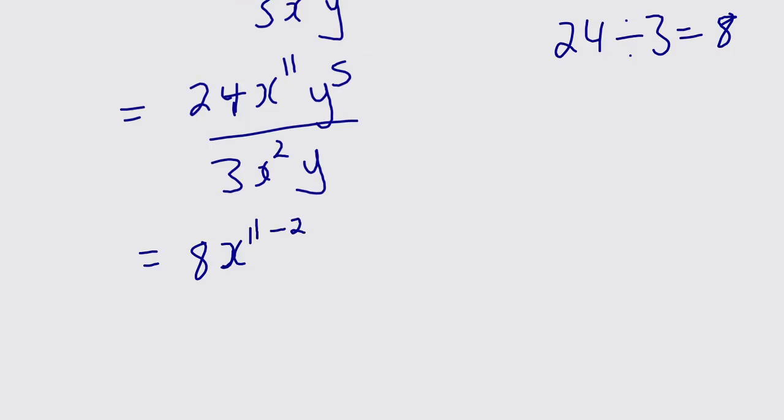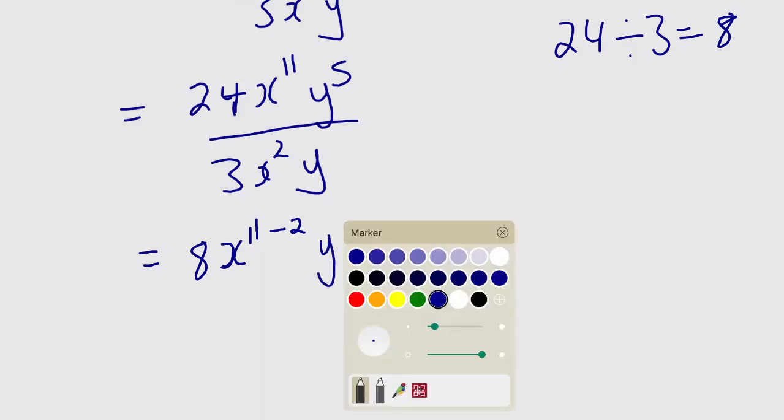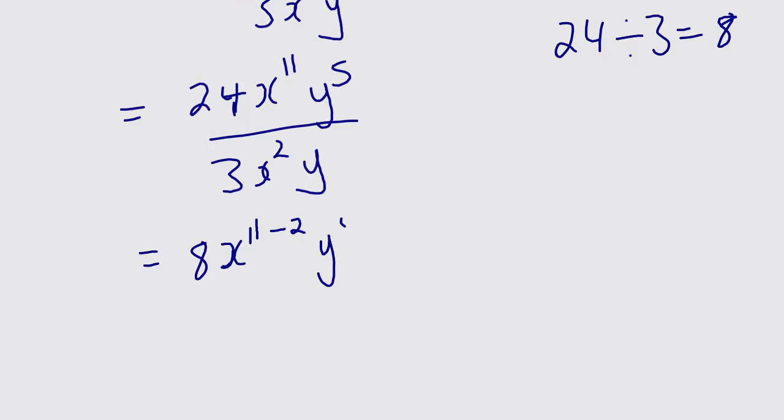And again, we have y to the power 5 over y, and we also divide by y there, which is going to be 5 minus 1. When we divide, we subtract the exponents. Okay, so what we are going to have is 8, x to the power 9, then y to the power 4.